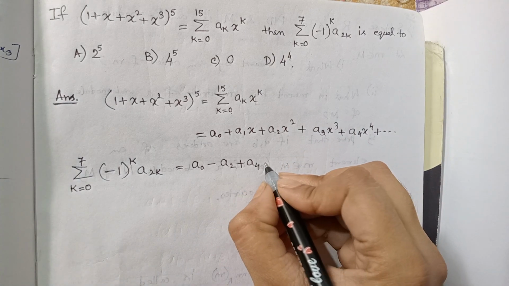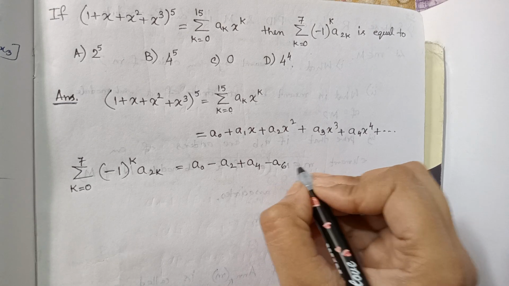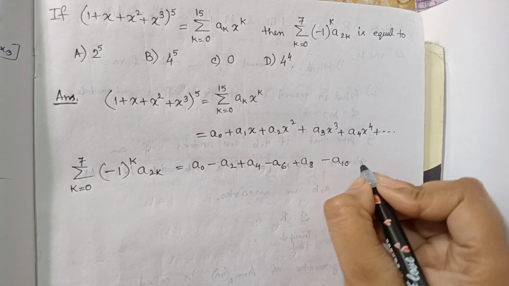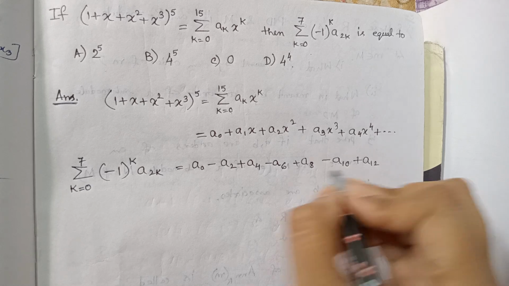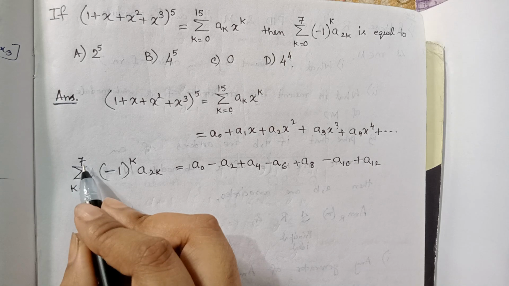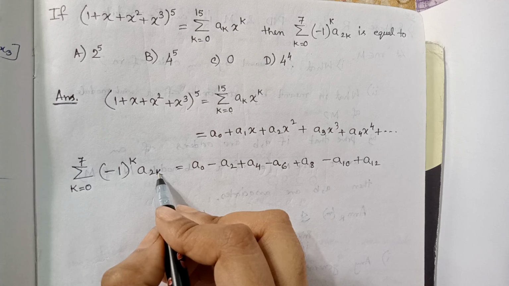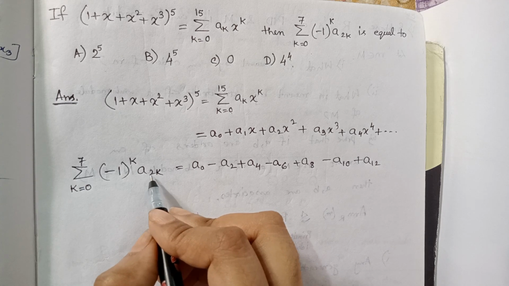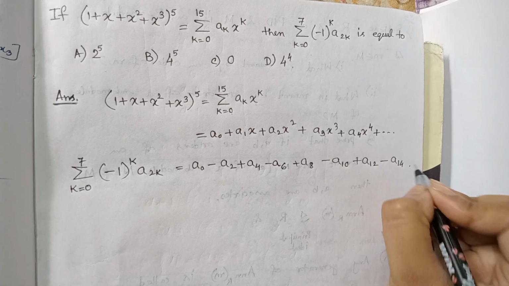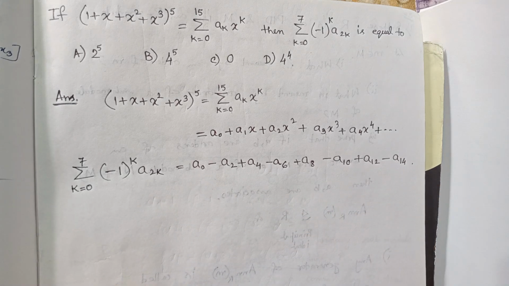So minus a6, plus a8, minus a10, plus a12. Now see, we have to write up to k equal to 7. So if we put k equal to 7, it will be 14. So the sum is up to a14. That is, up to this we have to write this expression.